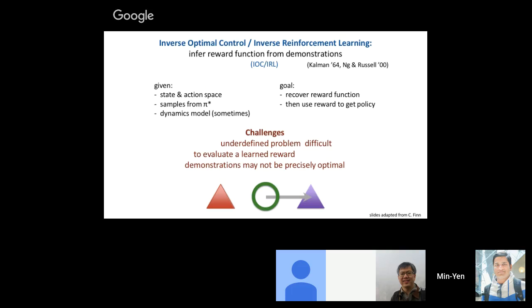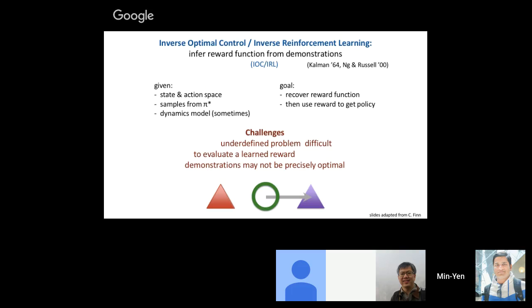However, under inverse reinforcement learning, there are a few challenges. The first one, an underdefined problem, is difficult. In this case, because of the lack of context, we do not know why the expert behaved in that way.